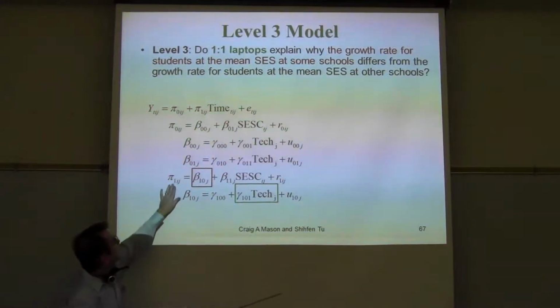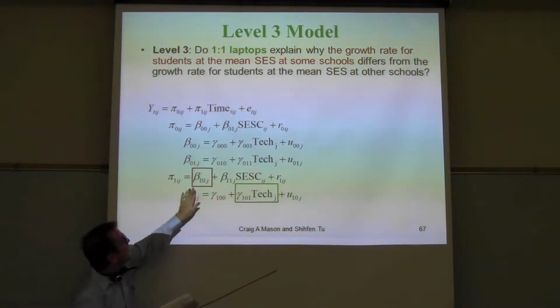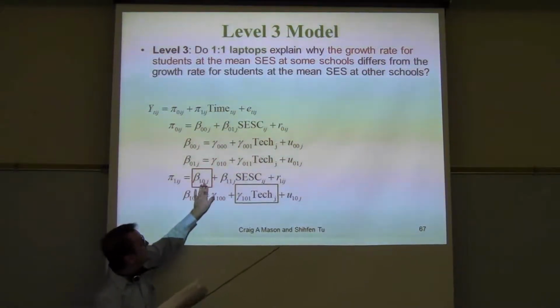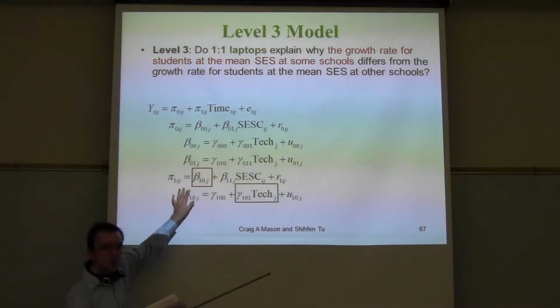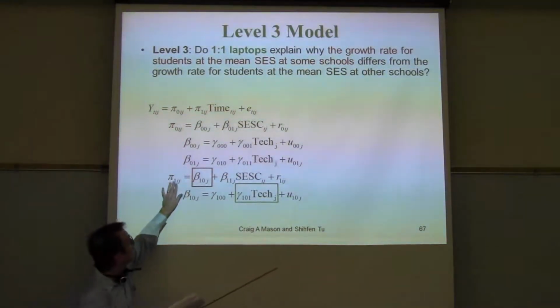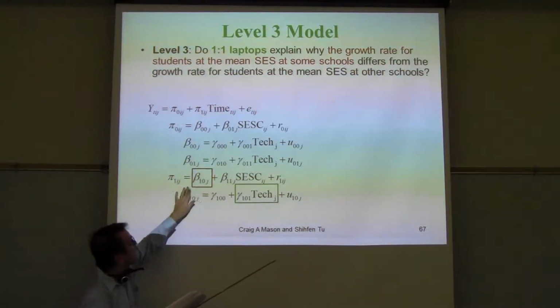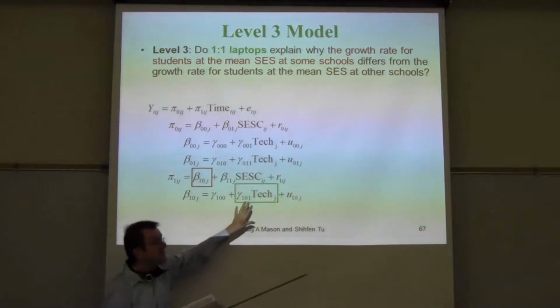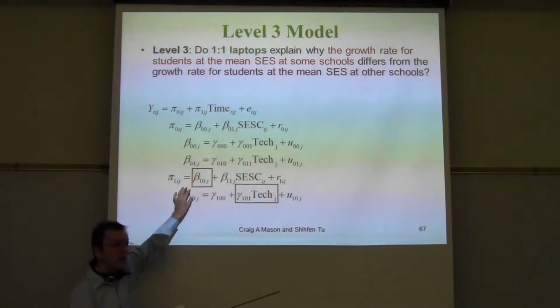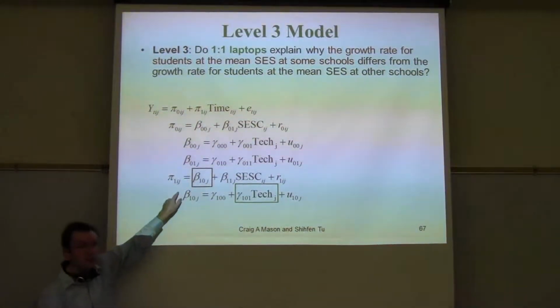So that's those two. Then we've got the beta 1, our second level 2 equation where we were predicting the growth functions. We had our 2 betas there, and we can do a level 3 equation looking at, does the laptop program affect growth? This is what we're really going to be interested in.